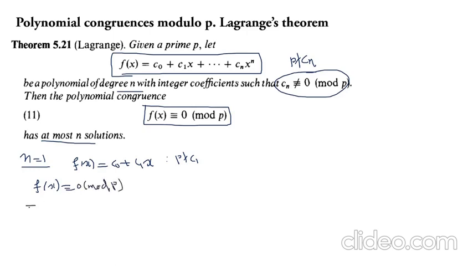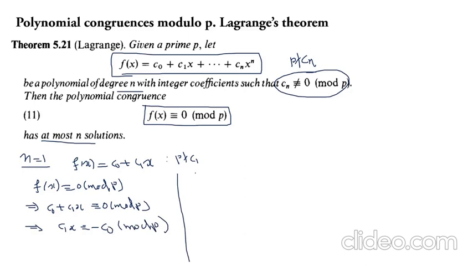So consider the congruence f(x) ≡ 0 mod p. That implies c0 + c1x ≡ 0 modulo p, or we can rewrite it as c1x ≡ -c0 modulo p. And given that p does not divide c1, that means GCD of p and c1 is 1. And then there is a theorem.